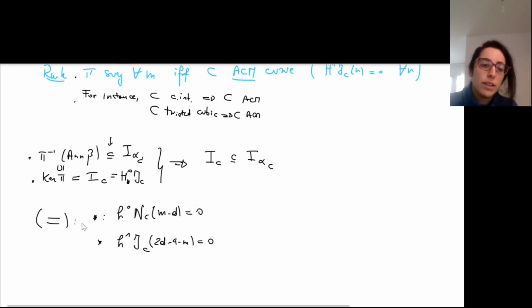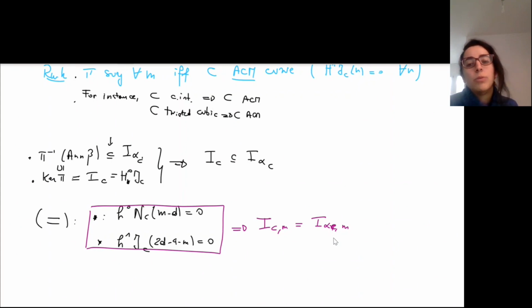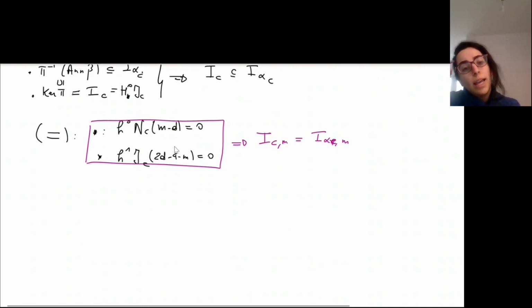Those two things are what we have to have so that at degree m, our ideal is exactly the ideal we found and defined before. So they are explicit, and we found a way to give explicit bounds that clearly depend on m.